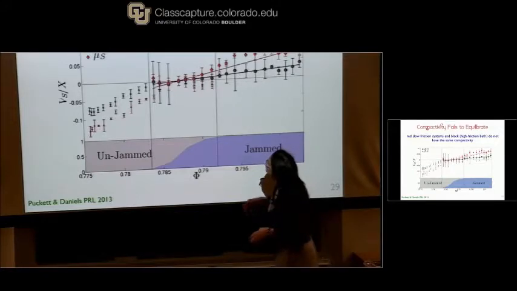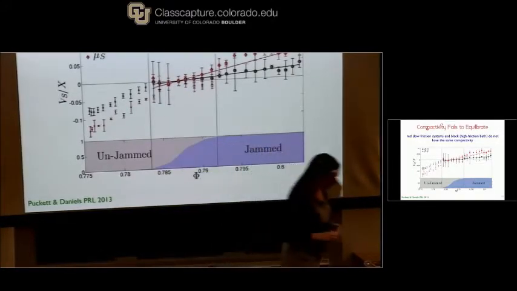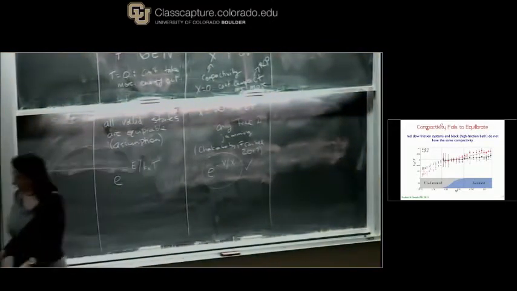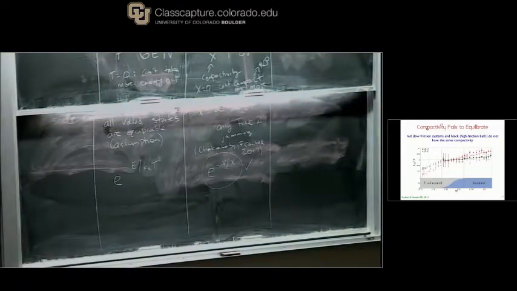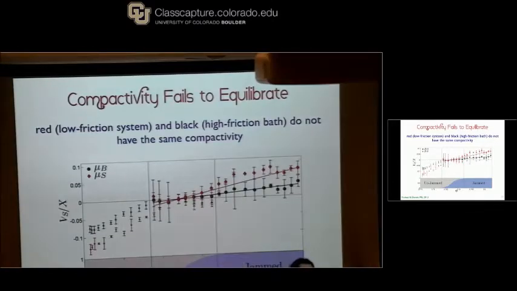And we can use the fact that we know that x equals infinity is random loose packing, the point where it just becomes jammed. And at no point above that do the compactivities measured in the subsystem and the bath match.